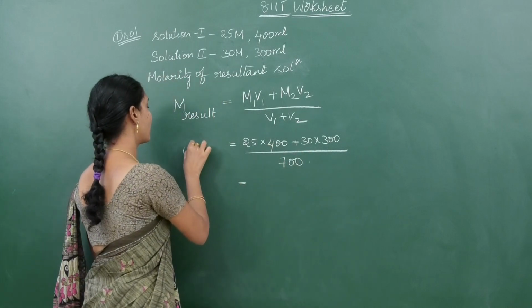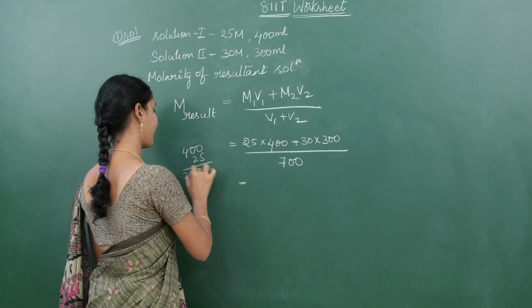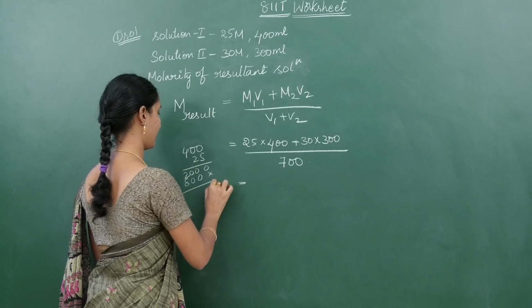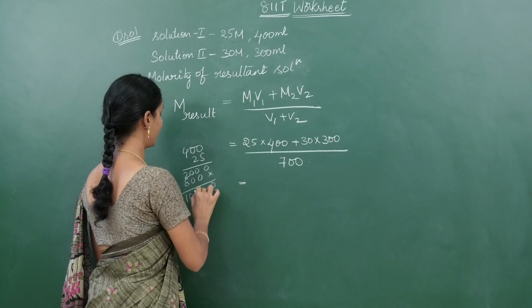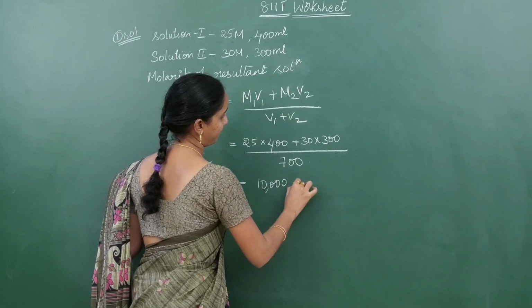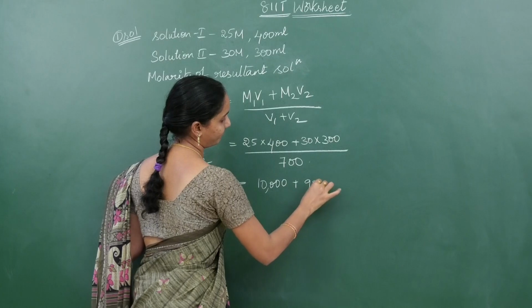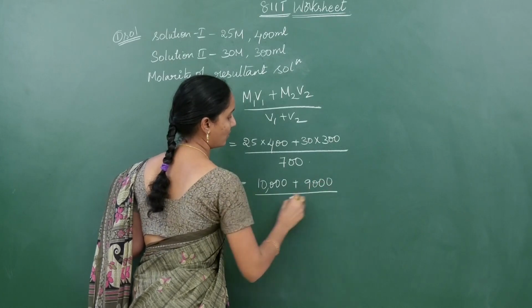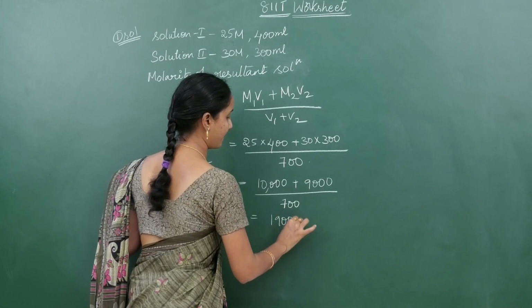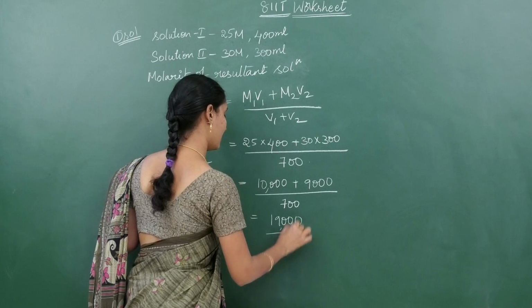So 25 into 400 you have to do. So it is 10,000. So 10,000 plus this is 9,000, whole divided by 700. So 19,000 divided by 700.